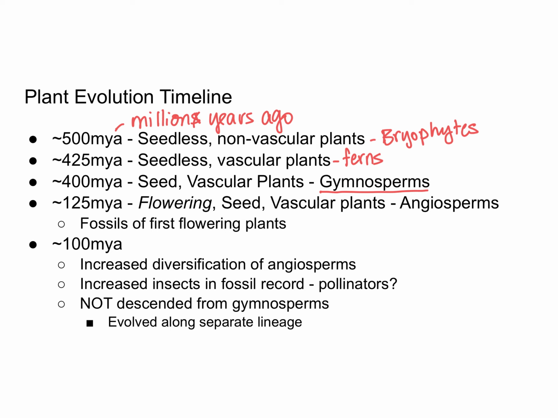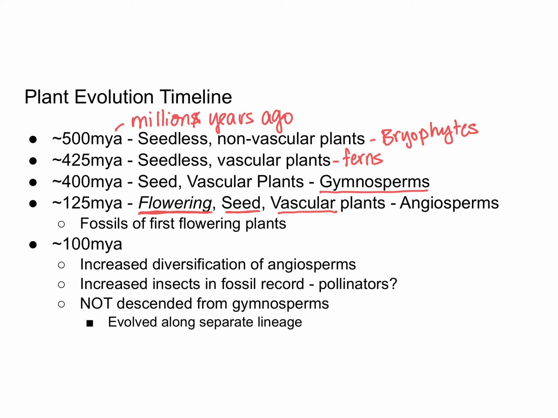The key thing with angiosperms is that they produce flowers. They are seeded, so they do produce seeds. They are vascular, but the defining feature is that they produce flowers. About 25 million years later, so about 100 million years ago, there was an increased diversification of angiosperms.